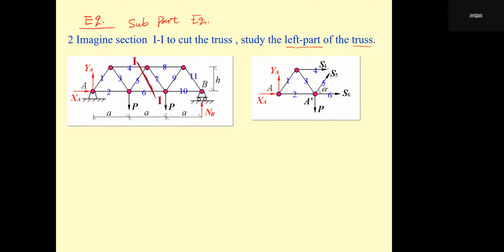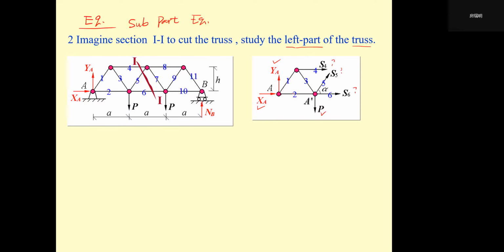So we can use S4, S5, and S6 to denote the three internal forces of these three members. From this picture, you can find XA known, YA known. P is the active force, of course known. So there are only three unknowns.